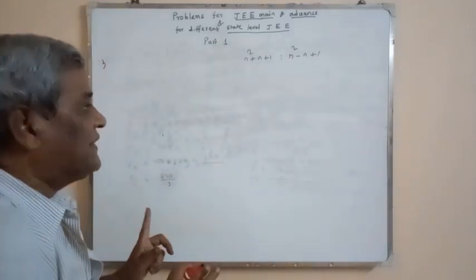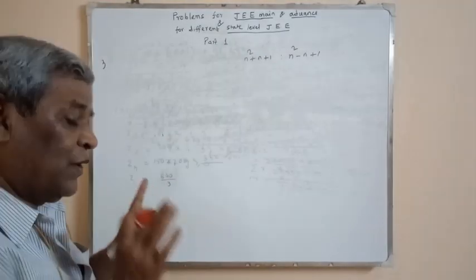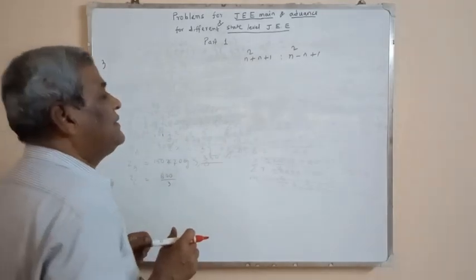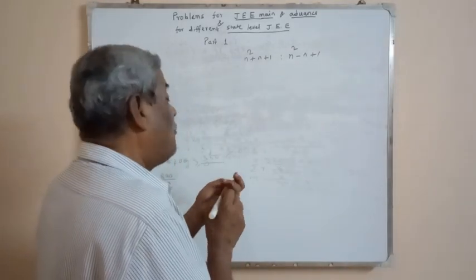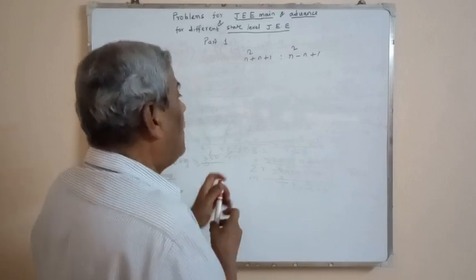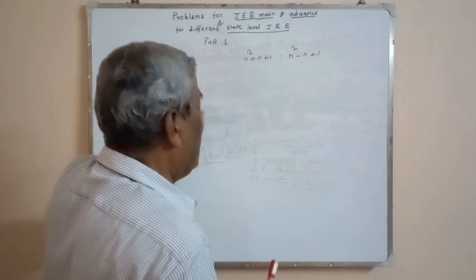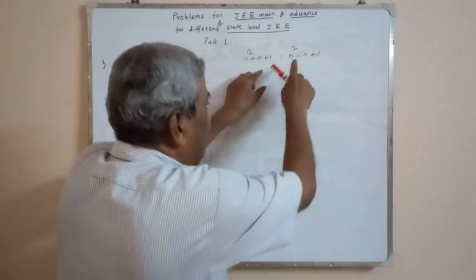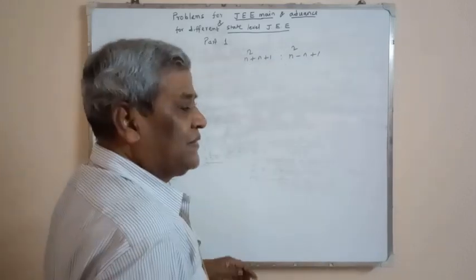Now let us see what the exact problem is. Two different APs are given, and the ratio of the sum of first n terms of the first series and the sum of n terms of the second series is that.